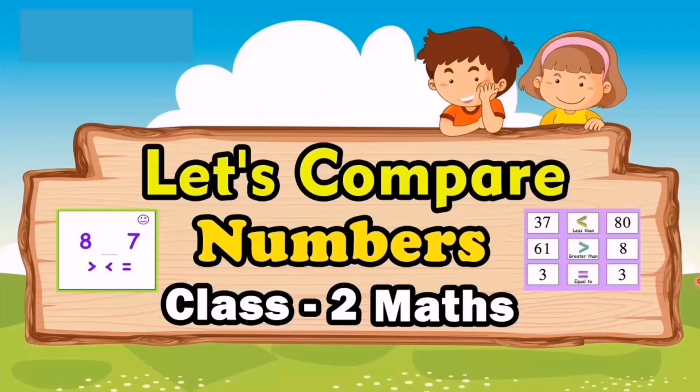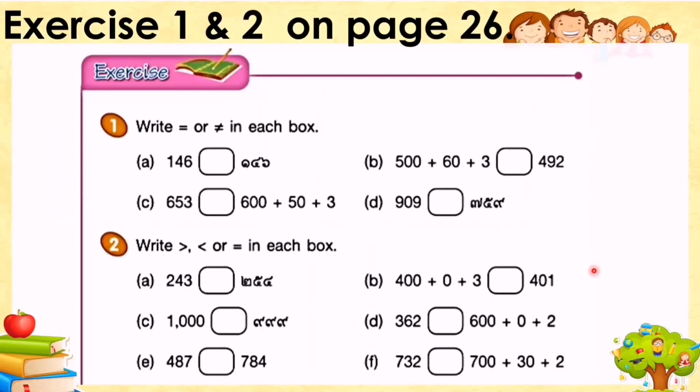Next, let's compare numbers. Let's proceed to your activity on page 26. This is your exercise 1 and 2 on page 26. You will write equal or not equal in each box.